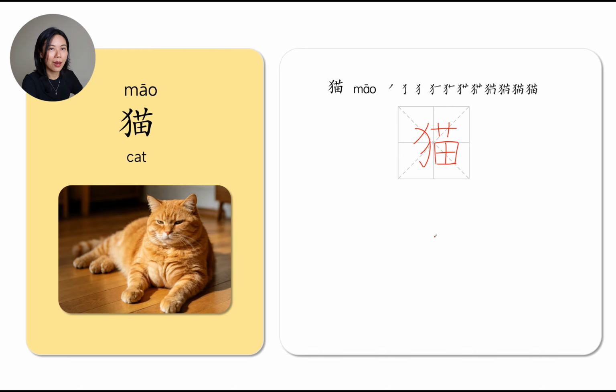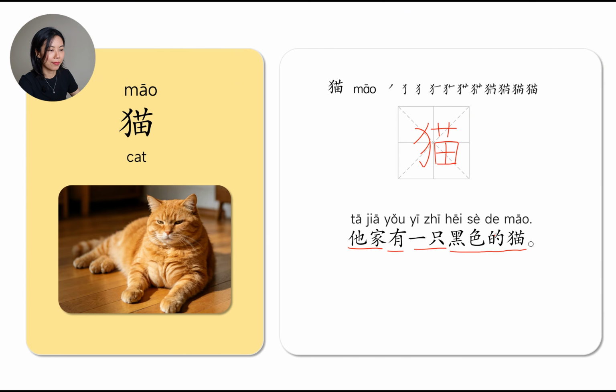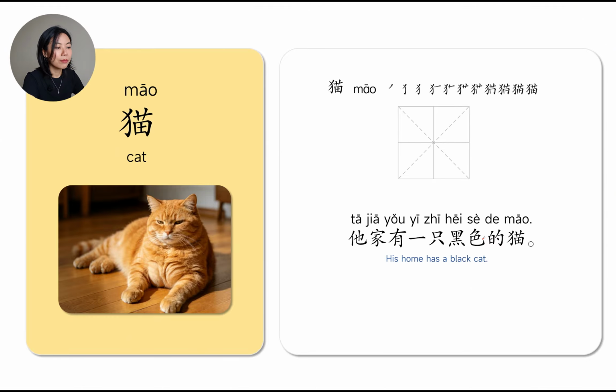这是猫。他家有一只黑色的猫。很好。His home has a black cat. 他 he, 家 home.